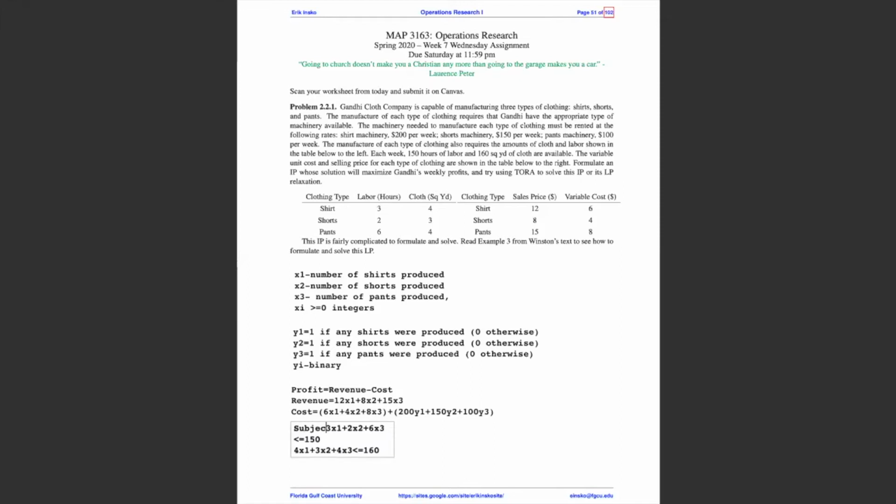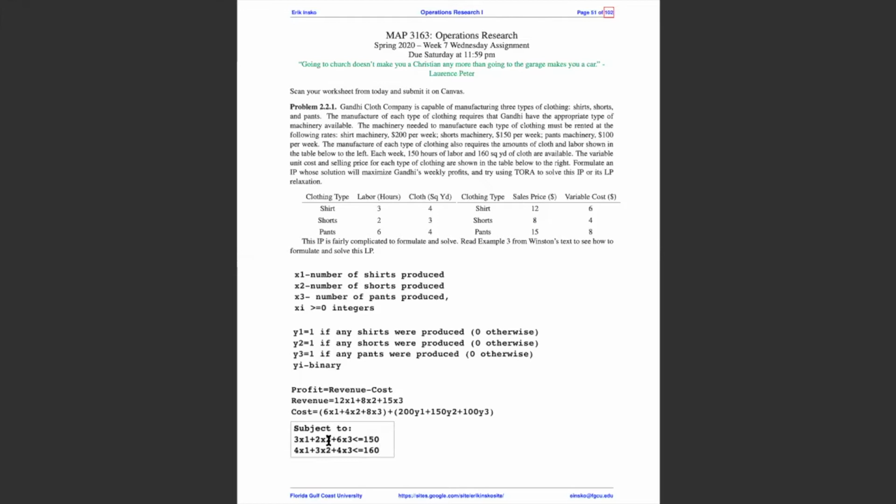And another thing that you might be asking yourself is, how are x1 and y1 related, or x2 and y2 related, or also x3 and y3 related? And we can take those out of the subject to constraints. So for example, if I'm paying for producing shirts, I might as well make the most profit out of it.